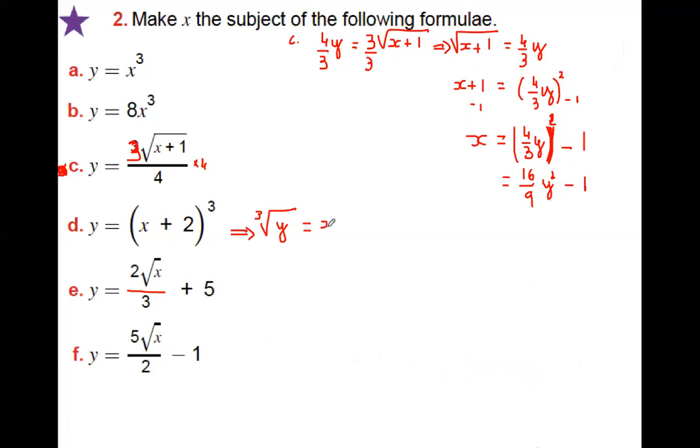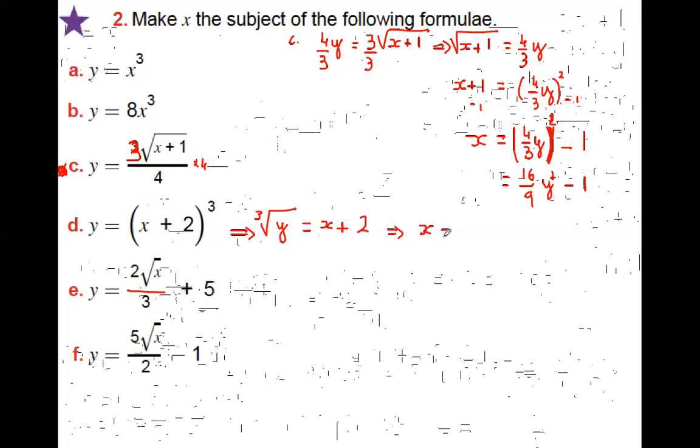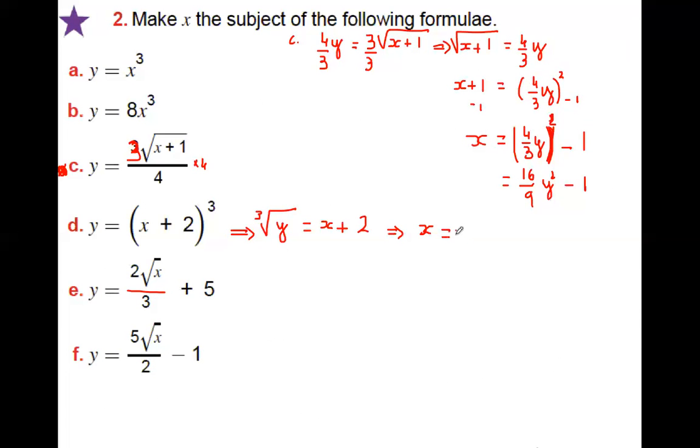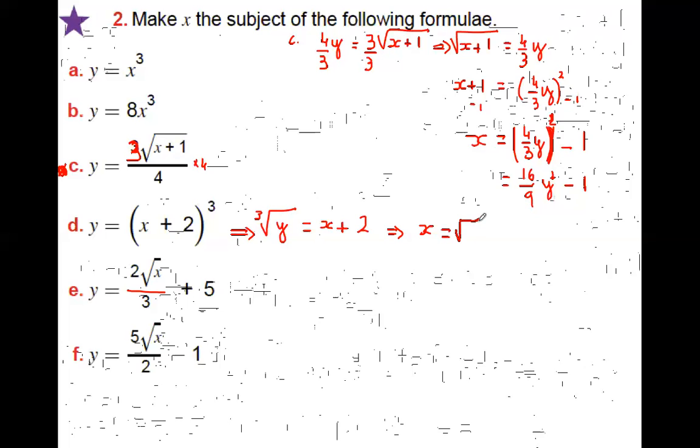And now you want to make x the subject, that means you take away 2 from both sides. Yeah? That means x is cube root of y minus 2. And again, when you write it, make sure the cube root stops just on the y. And then next to it is minus 2. You take away 2 from both sides.